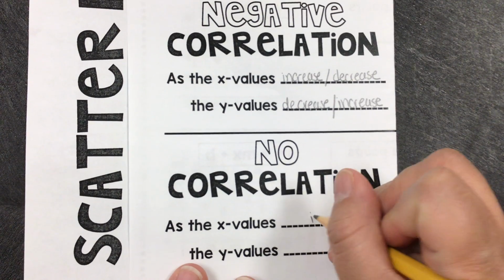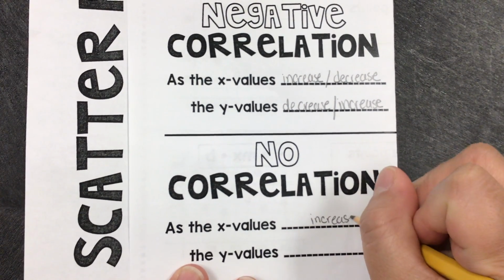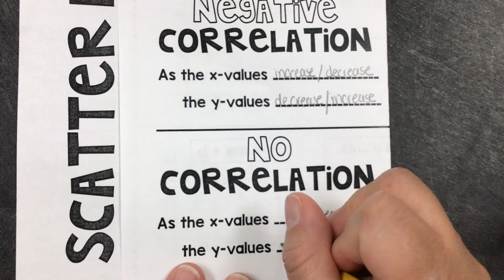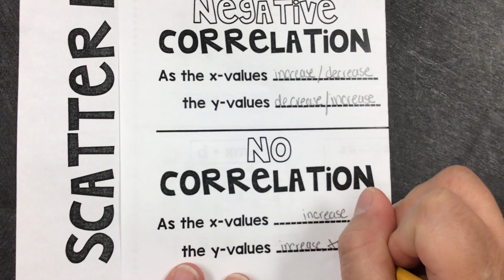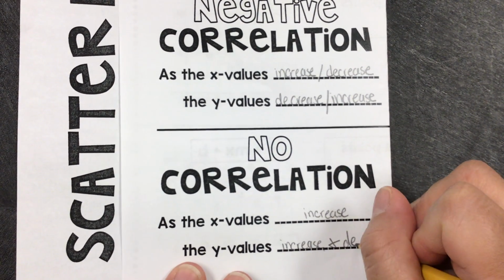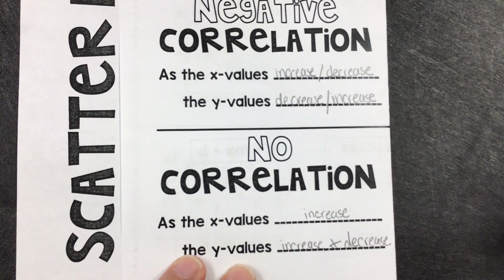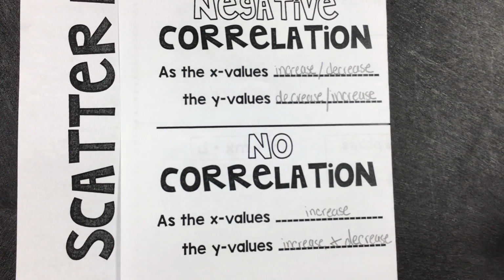If the x happens to increase, the y values can increase and decrease at the same time. It's not consistent. There's no real relationship between them.